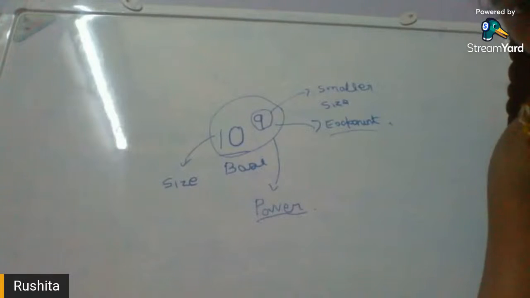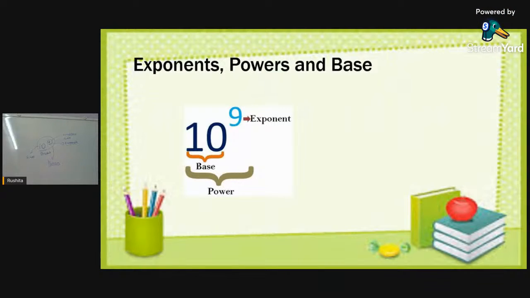Now back to the presentation. The presentation is saying 2 to the power of. What does 2 to the power of actually mean? It means how you read it. 10 to the power of 9 is how we read the number which you see on the screen and on the board.